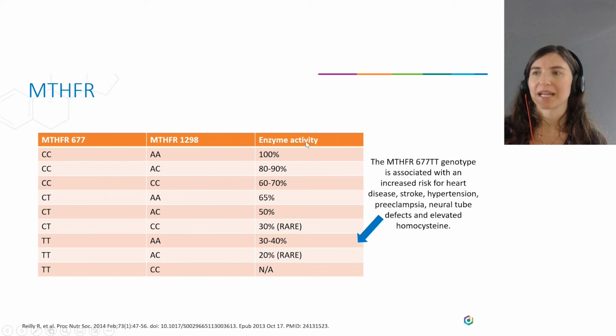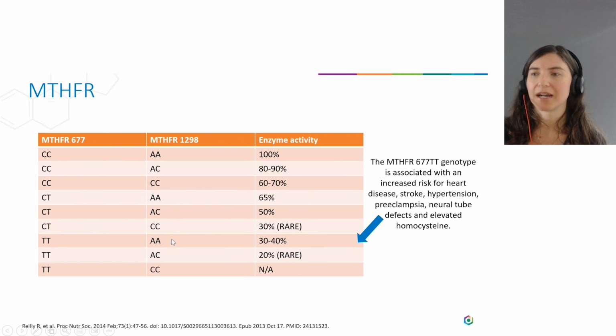And you can see the enzymatic activity. So if we're wild type, if we don't have any SNPs, then we have 100% enzymatic activity. And I believe the 677 SNPs can affect function more so than the 1298.